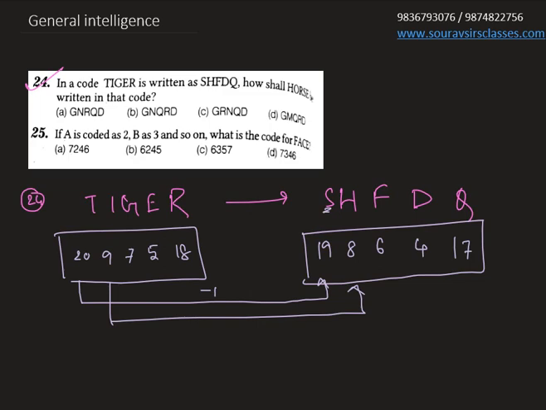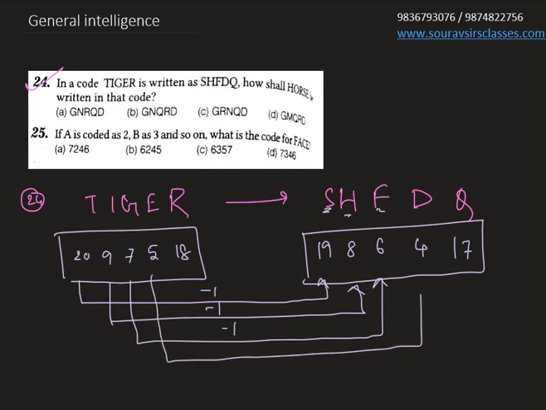For I we have H here. For G we have F here. For E we have D here, and lastly for R we have Q here.